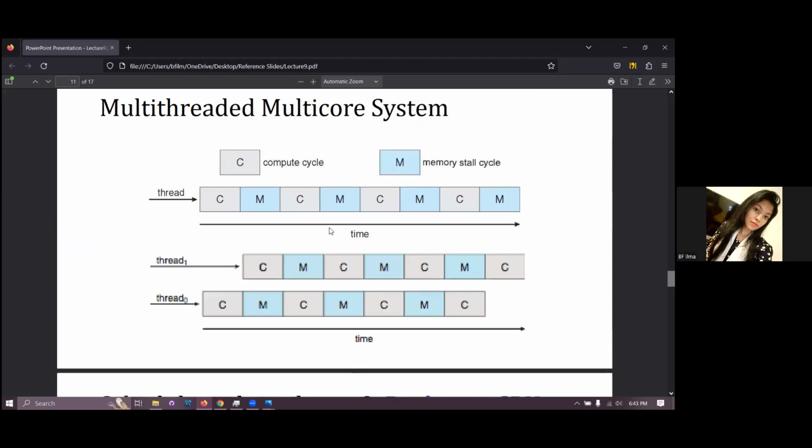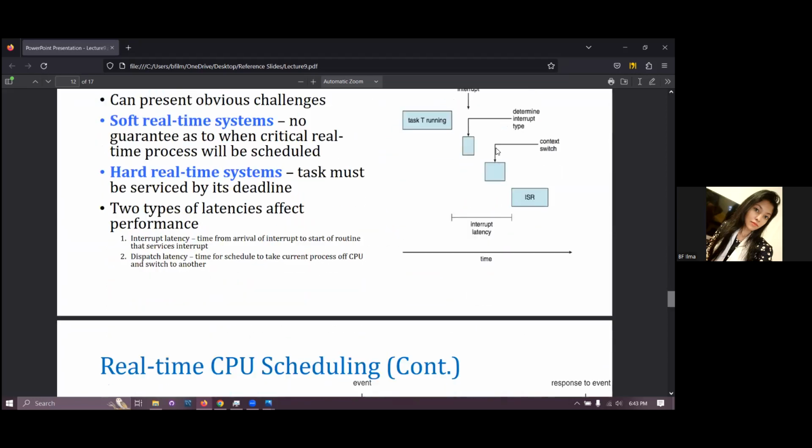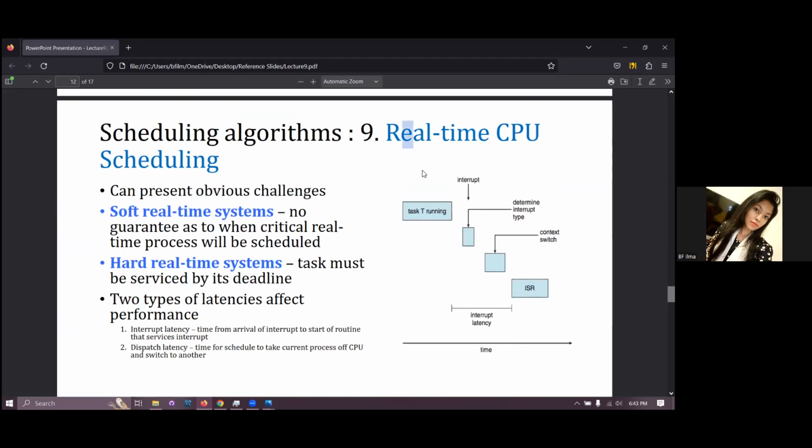And then the other one is real-time CPU scheduling. This is used for time-critical applications. There are two types of real-time systems.